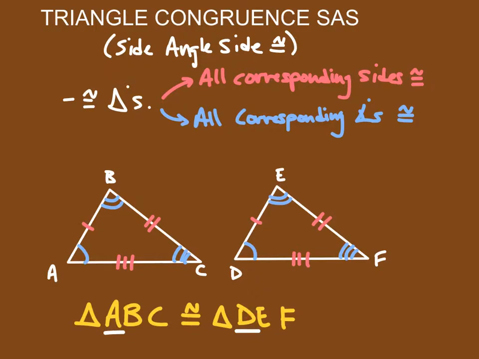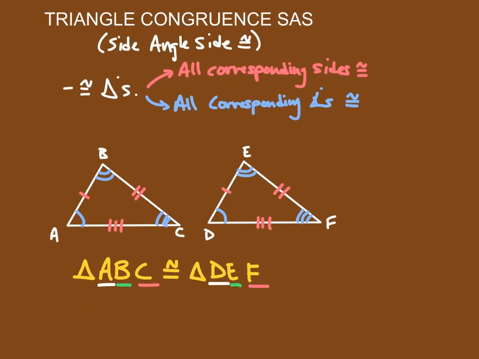The same is going to happen for angle B and angle E. Those correspond with each other. Angle B has 2 arc marks, so does angle E. So if I go AB here, then I have to go DE. And the last one is C and F. Notice how C has 3 arc marks and so does F. And so that tells me how I name it.